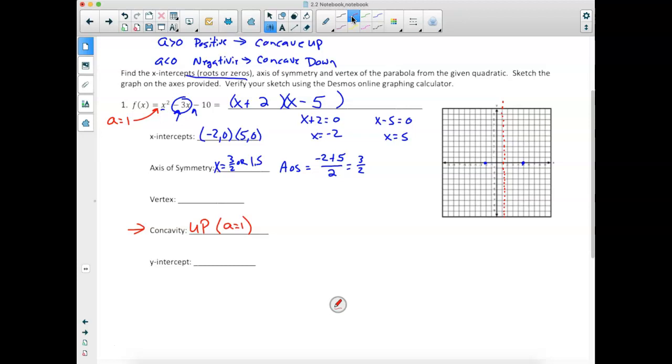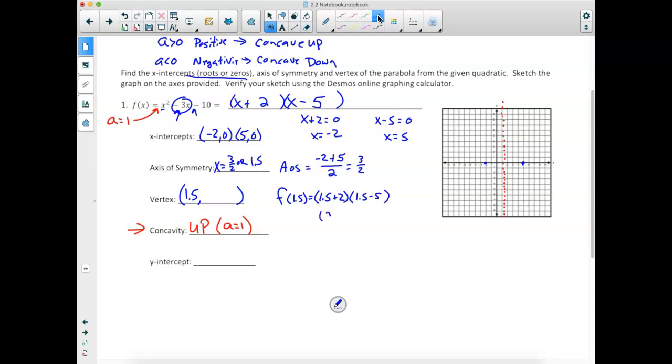Once we have our axis of symmetry from yesterday, we said to find the vertex. We know that's going to be 1.5 comma something. We need to evaluate our function at 1.5 to find the vertex. So that's 1.5 plus 2 times 1.5 minus 5.